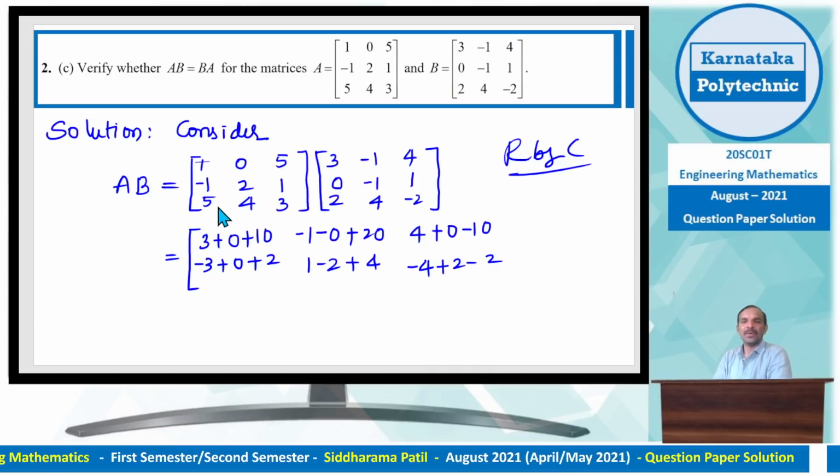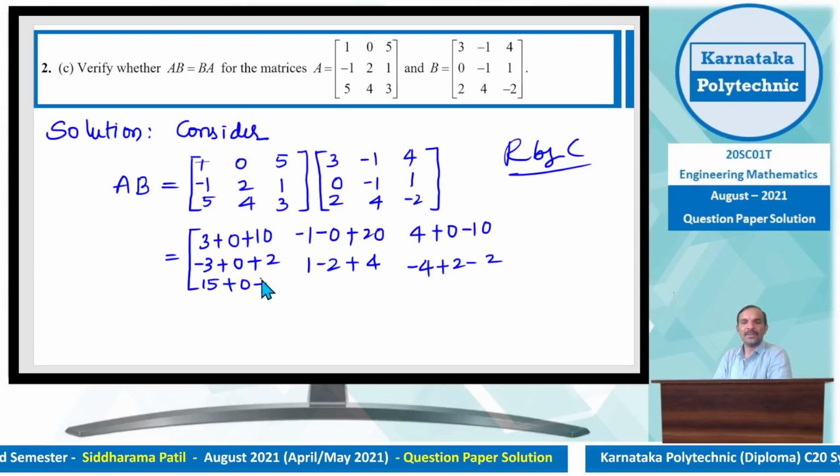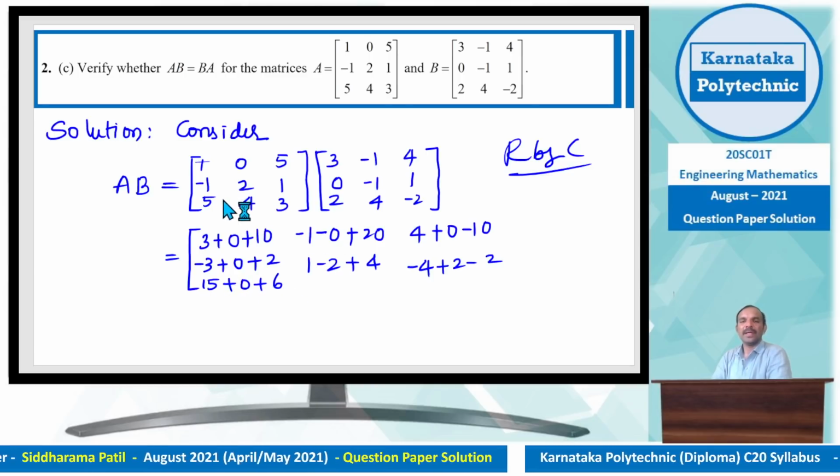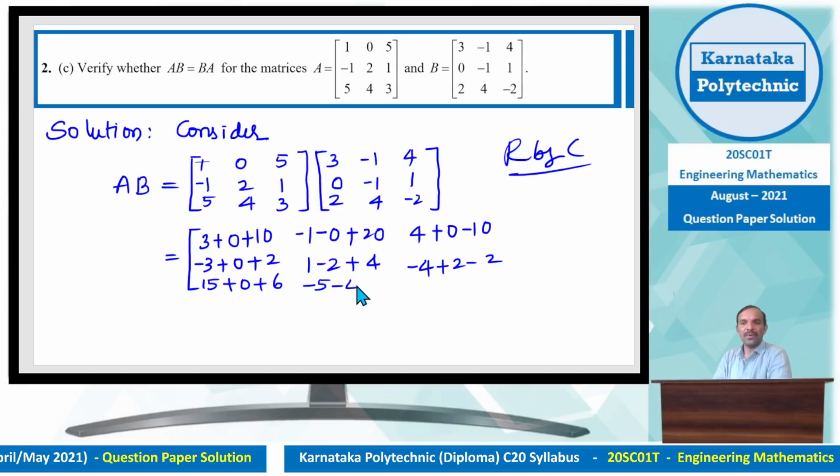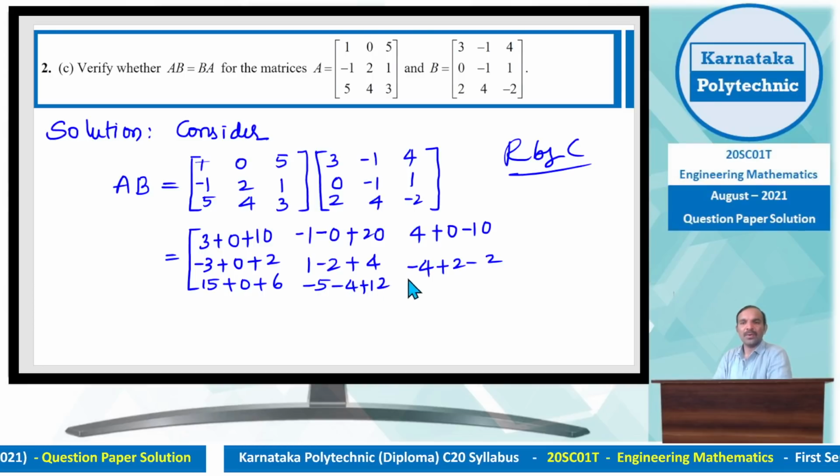Next, third row first column: 15, 0, 6. Third row second column: minus 5, minus 4, plus 12.